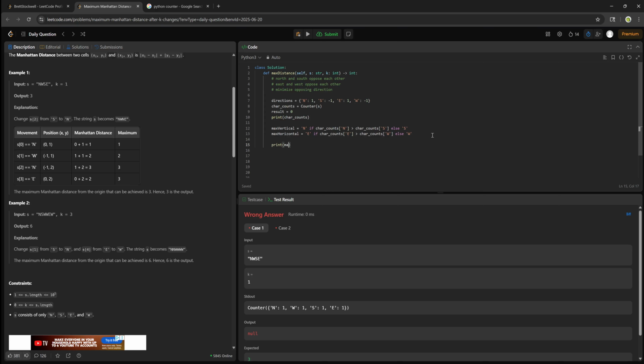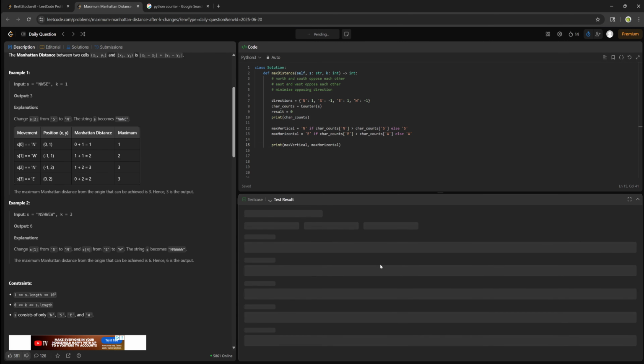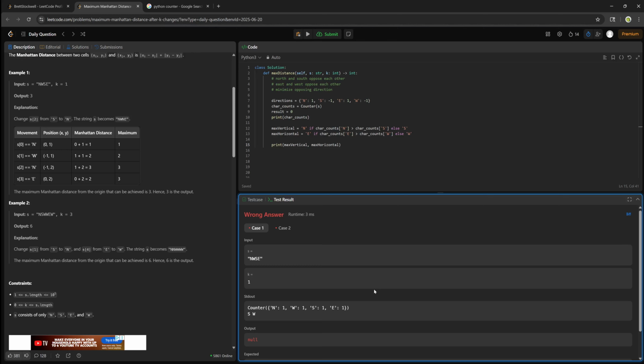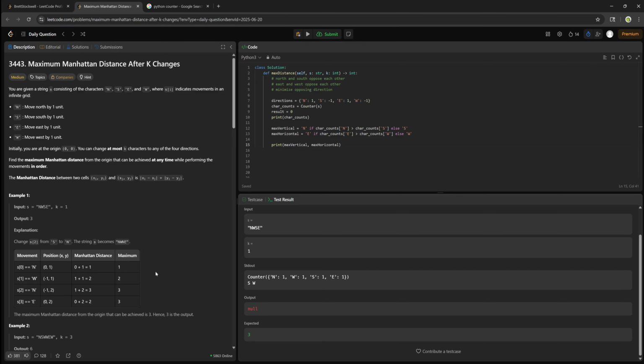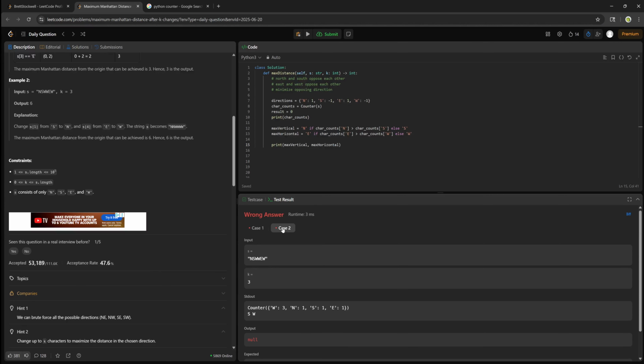And then print next vertical, next horizontal. South and west. And this one is west and south. Sure. Okay.